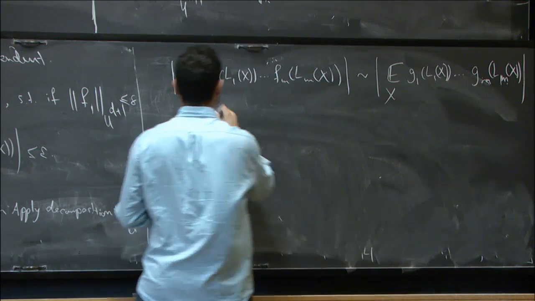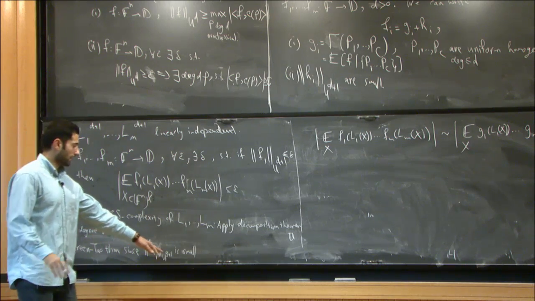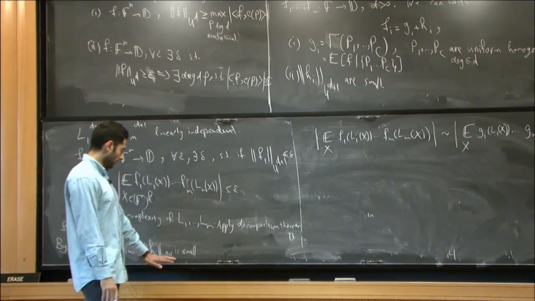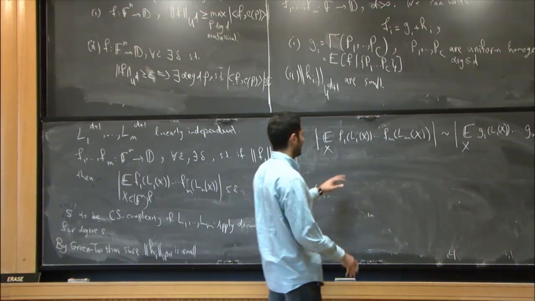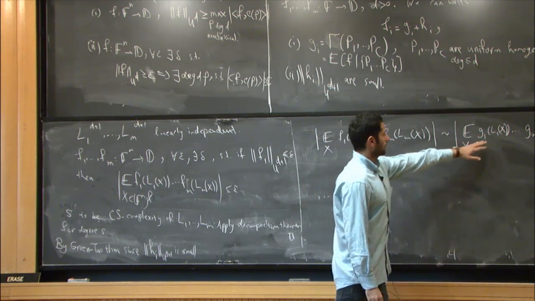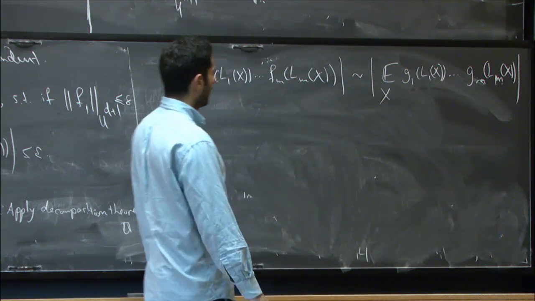Right. And so it's sufficient to take the uniformity to be like epsilon over 2m, so that by again a chain argument the terms that have hi are irrelevant. So it's sufficient to say that this is small, right?